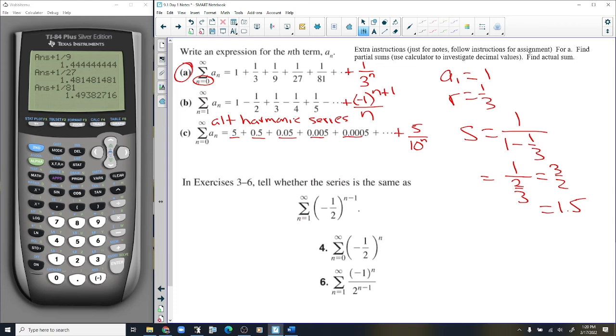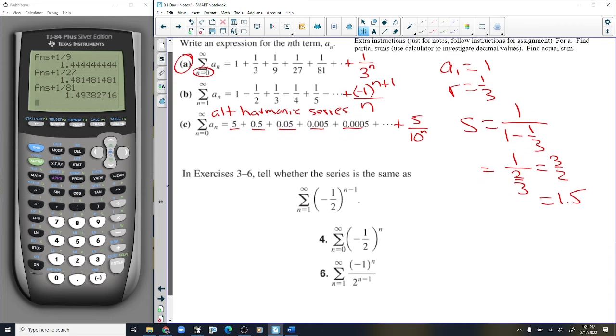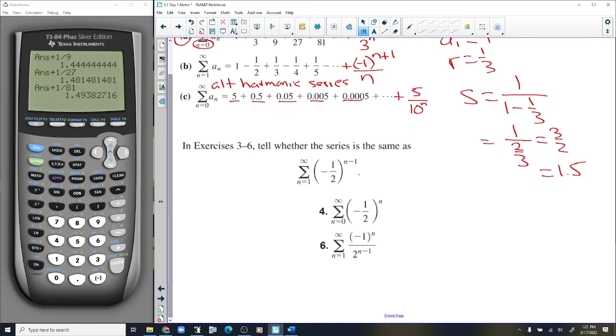You could do 6,000 terms if you want on a computer pretty easily, just on a Microsoft spreadsheet. So this process has value when you're working with a very complicated a sub n. Now, the ones we work with in this entire chapter are fairly straightforward, even though when we throw factorials in there, it gets complicated. But anyway, it has merit.